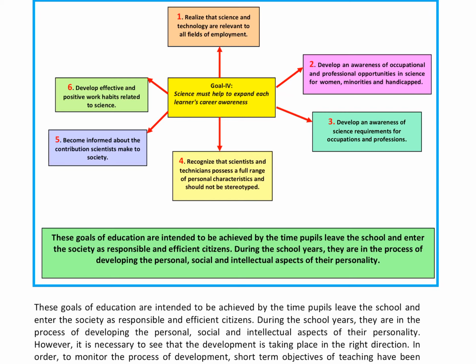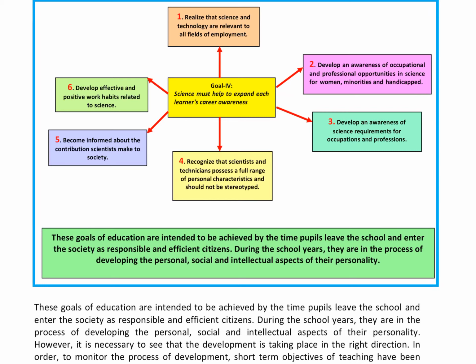So all these goals, goal 1, goal 2, goal 3, and goal 4, are intended to be achieved by every learner as they leave the school and enter society as responsible and efficient citizens.